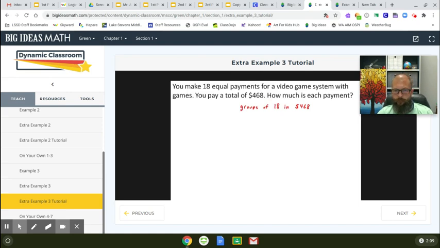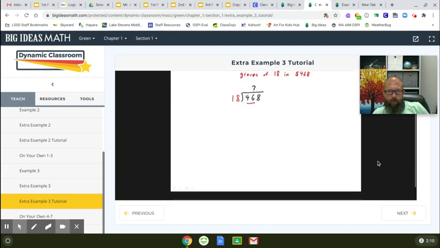To decide where to write the first digit of the quotient, compare 18 to the digits of 468. Do not use the hundreds place because 18 is greater than 4. Use the tens place because 18 is less than 46. So, divide the tens and write the first digit of the quotient in the tens place.